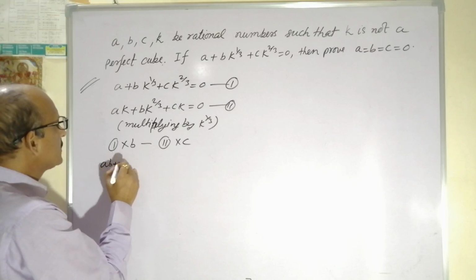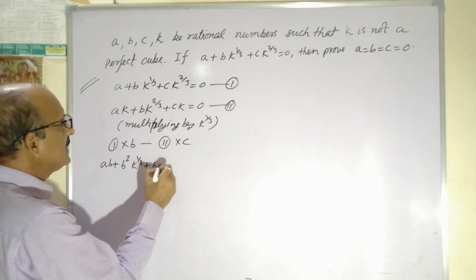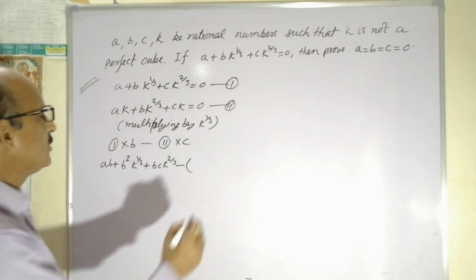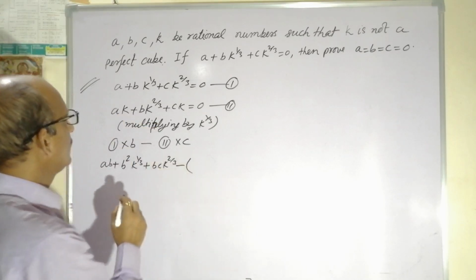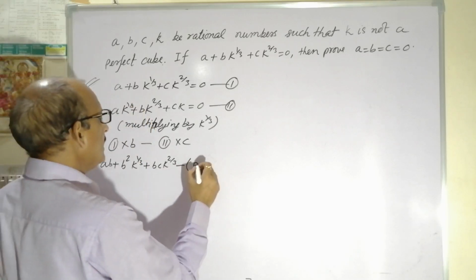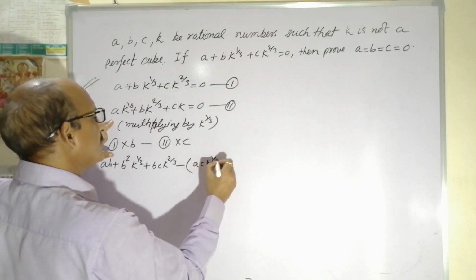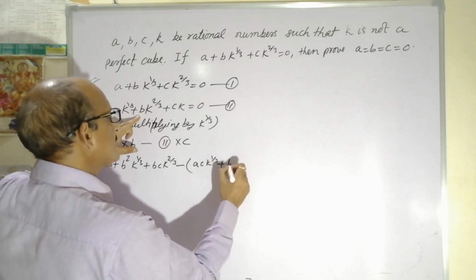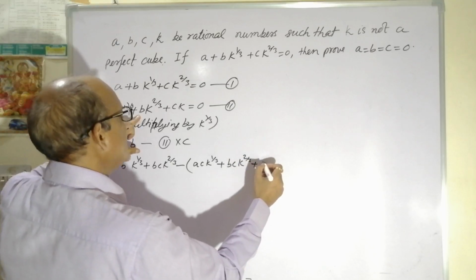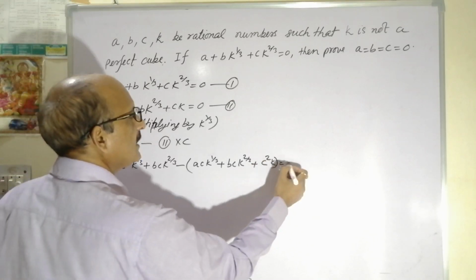Multiplying it by B, what shall we have? AB plus B square K to the power 1 by 3 plus BC K to the power 2 by 3, minus, this is to be multiplied by C, AC K to the power 1 by 3 plus BC K to the power 2 by 3 plus C square K is equal to finally 0.